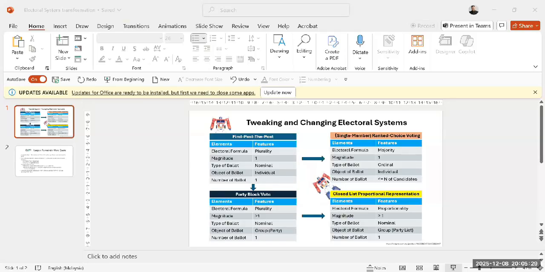But for party block vote, there can still be multiple parties, but instead of one candidate, it would be like 5 or 6 people in that group. Exactly, exactly. If your constituency has five vacancies to fill, every party must nominate five candidates. So in this case, for example, if there are four seats, there will be four candidates.